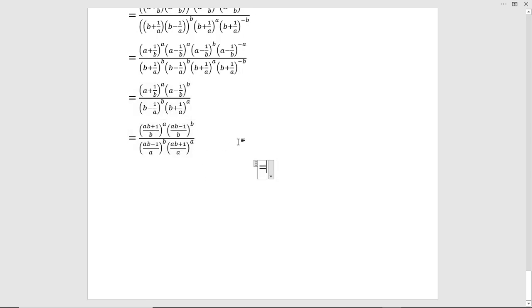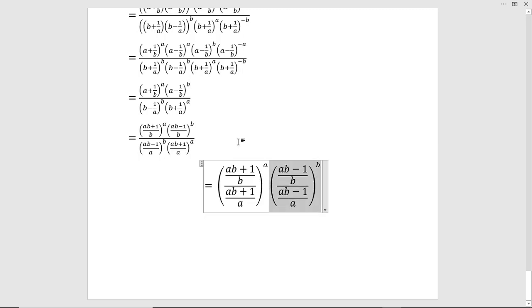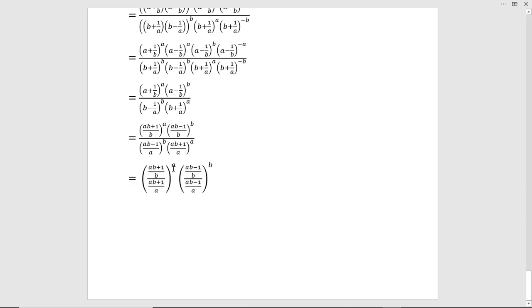So we can write it like this. Look here, ab plus 1 divided by b and ab plus 1 divided by a, they both have the same power a, so they are separated. And also ab minus 1 divided by b and ab minus 1 divided by a, they also have the same power b, so they are separated here.